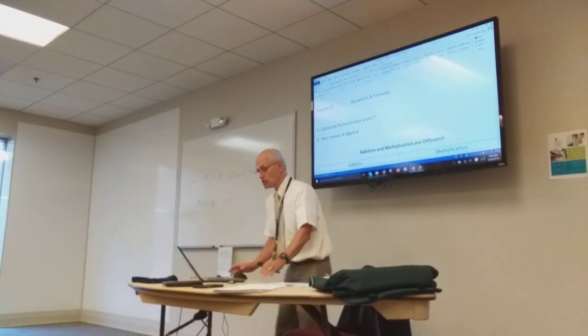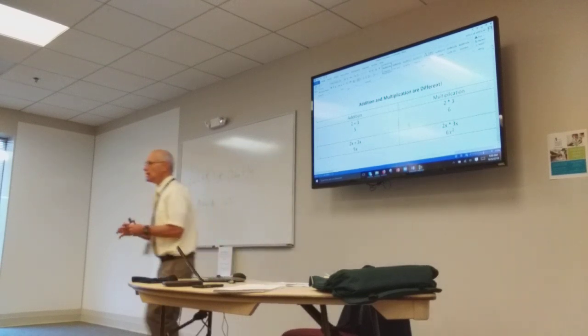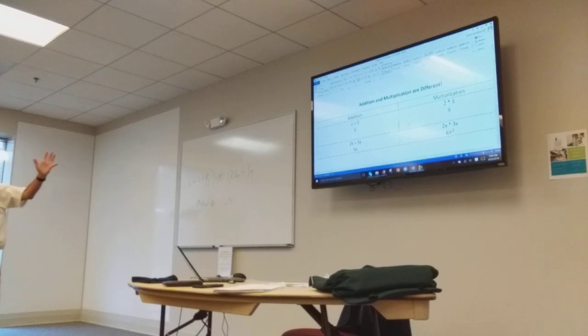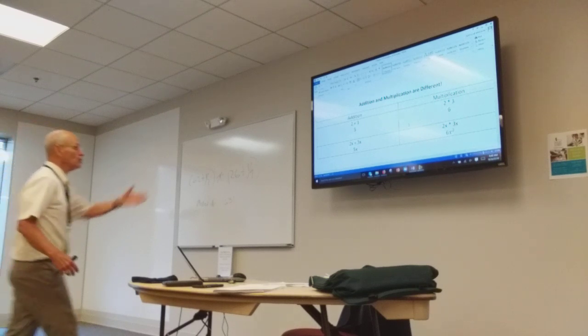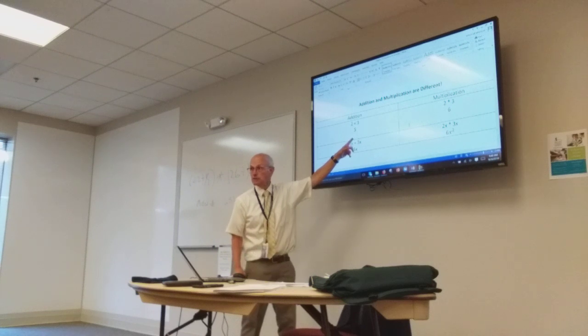What you need to know is on this paper. Read to yourself what I just wrote. Addition and multiplication are different. How you add and how you multiply are different. Well, duh, obviously they're different. But let me give you an example. 2 plus 3 is 5.